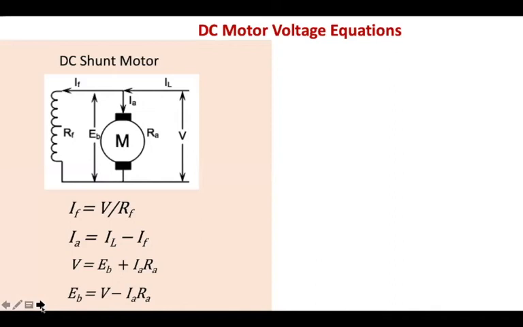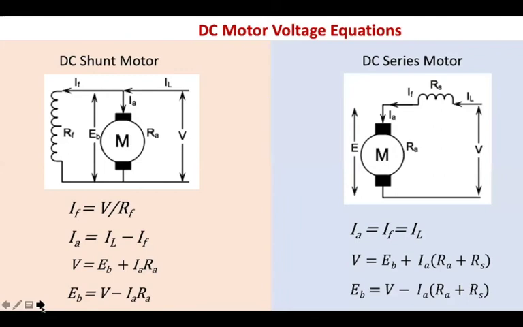Therefore, the armature current Ia = IL - If, and the voltage V = Eb + IaRa, that is the voltage drop in the armature. Eb is the back EMF. The equation remains the same as the generator EMF, that is E = PφZN/60A.